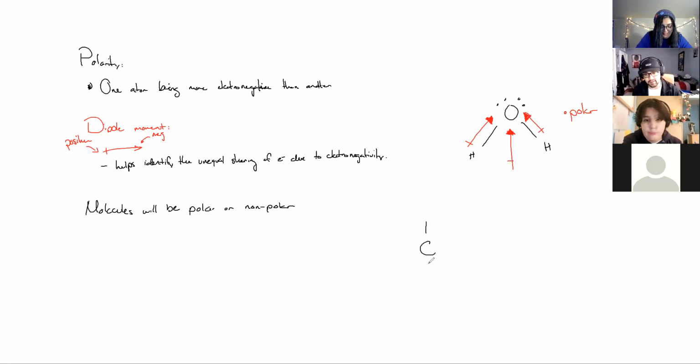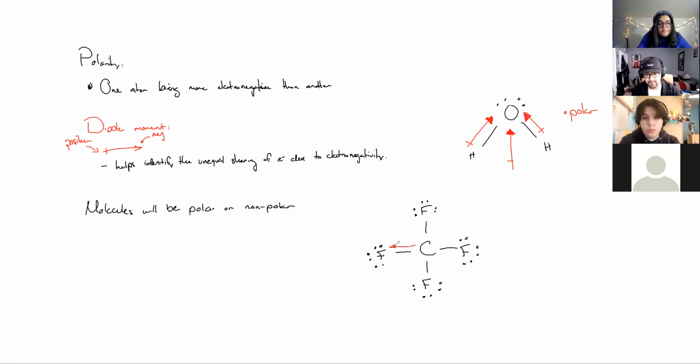So carbon tetrafluoride. How will our dipole moments look on this molecule? Who's more electronegative? Fluorine. And how is the fluorine going to affect carbon? It's going to pull on carbon, right?